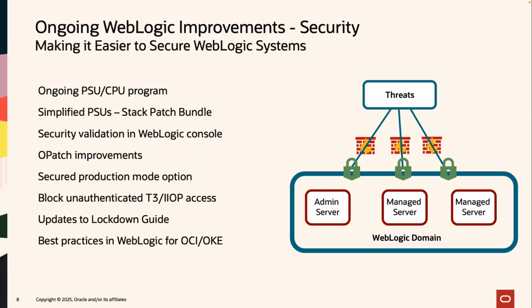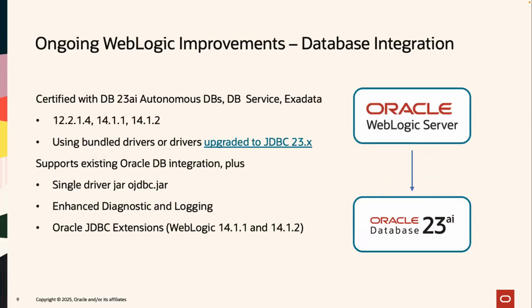This is something that is available for you today to more easily secure your WebLogic environments, and it's a feature that we're using more significantly and more heavily in 14.1.2, as you will see.